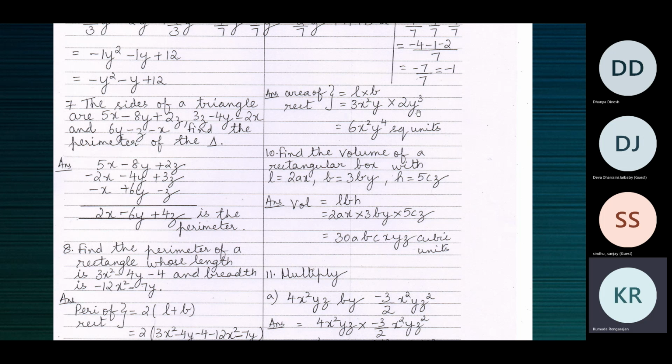Y into y cubed means y to the power 1 into y cubed. Bases are same and it's multiplication, so we have to add the powers. Y to the power 1 plus 3, y to the power 4. So the area of the rectangle is 6x square y to the power 4 square units.